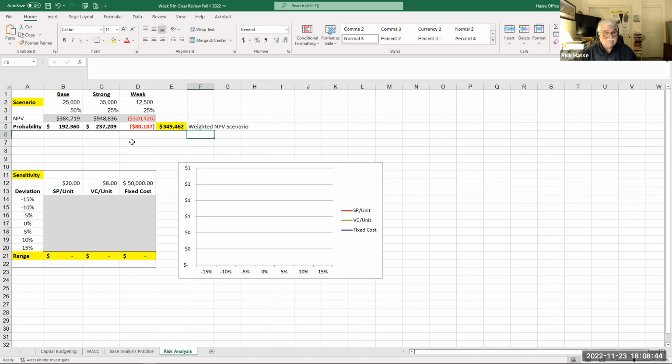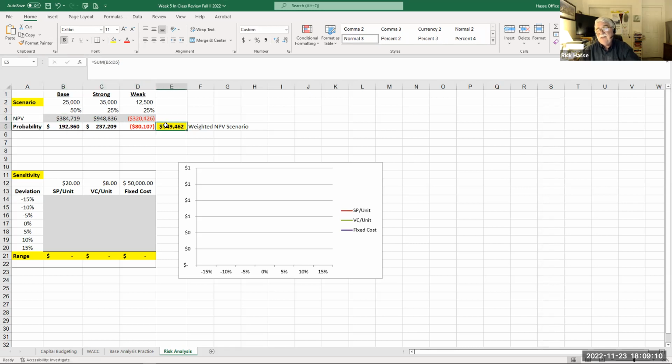And as you can see, it's not much different than our original base case. But if you weight the likelihood of certain things happening over the next 10 years, we're still making $349,462 in weighted NPV.